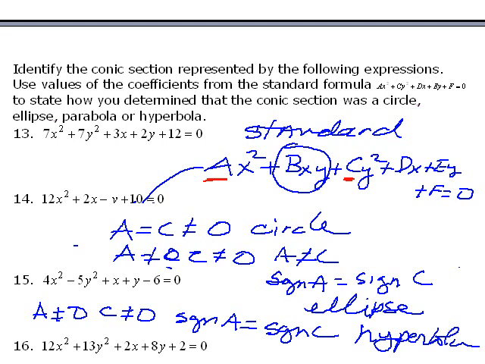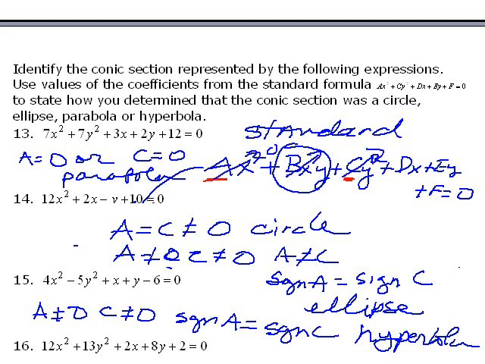And then the last case for parabola: either A is equal to 0 or, and that's exclusive or, C is equal to 0. Then you have a parabola. What happens if A and C are both 0 and B is 0? 0, 0, 0, what have you got? Now it's a line.